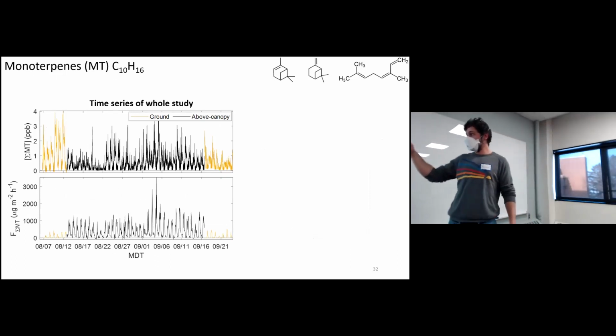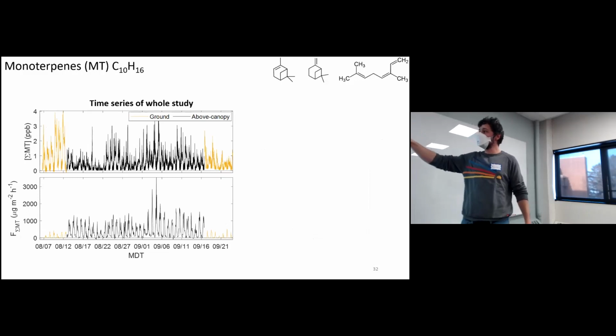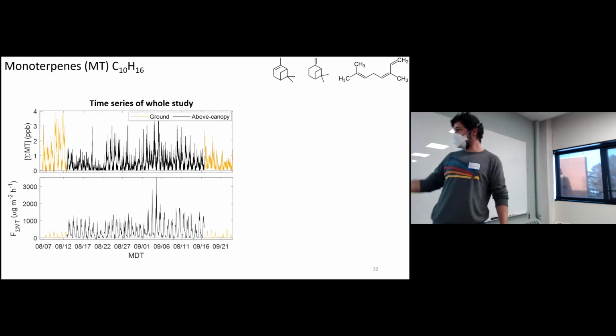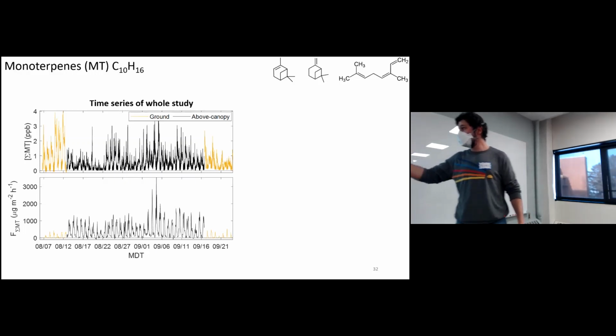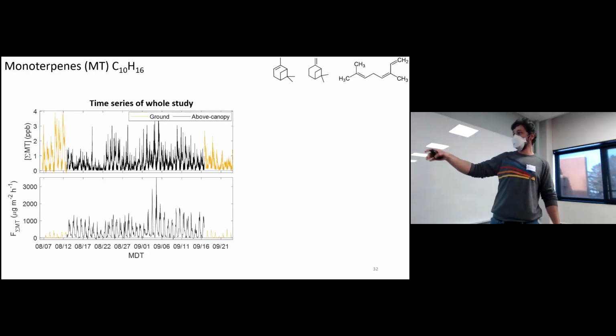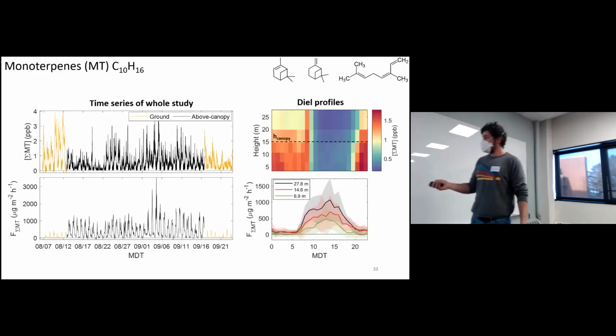We see the peak in monoterpenes is in the evening time, when we're building up a lot of monoterpene in that low mixed space. That's pretty cool. And on the bottom, we see emissions of monoterpenes that are not as exaggerated, and the profiles are just reflecting what we're seeing on the left.